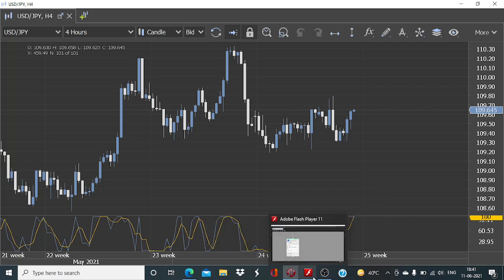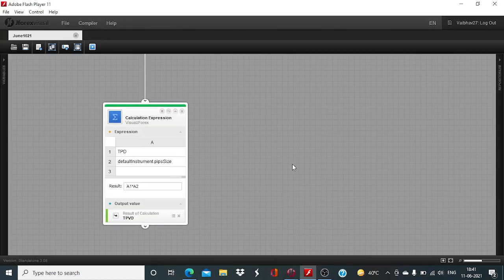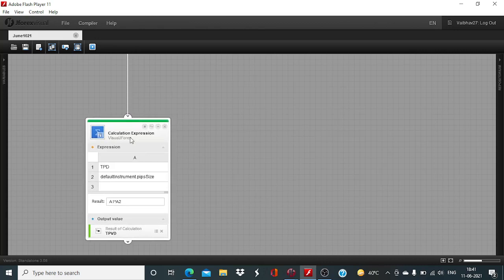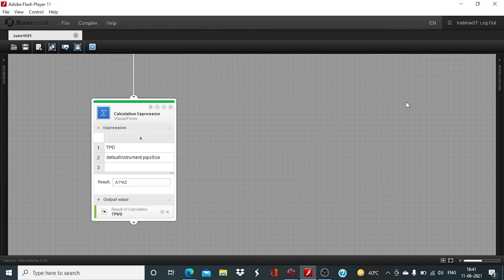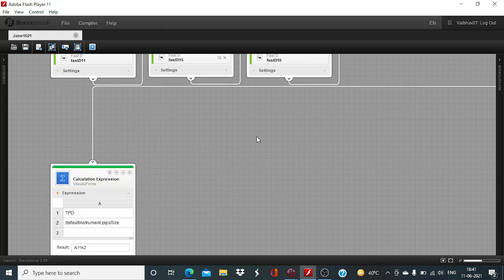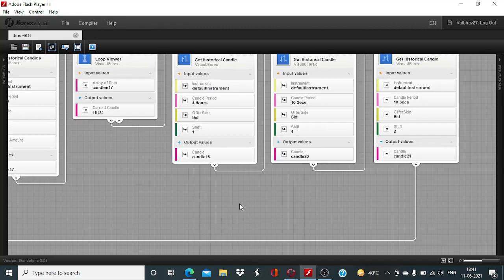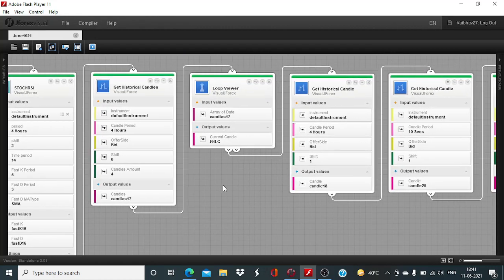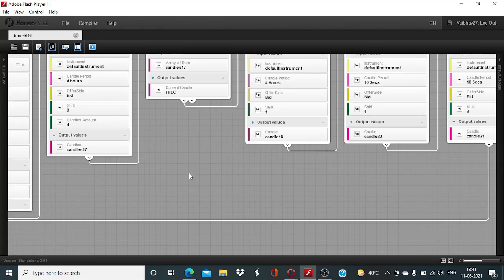Now we head back to the platform, and here one more calculation block will be needed for the time being. I will have to take this FHLC's lowest value, the candle low, and add 10 pips to it, and that will be the entry point.